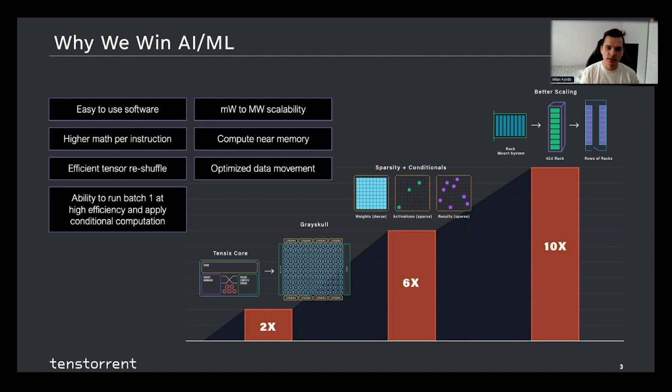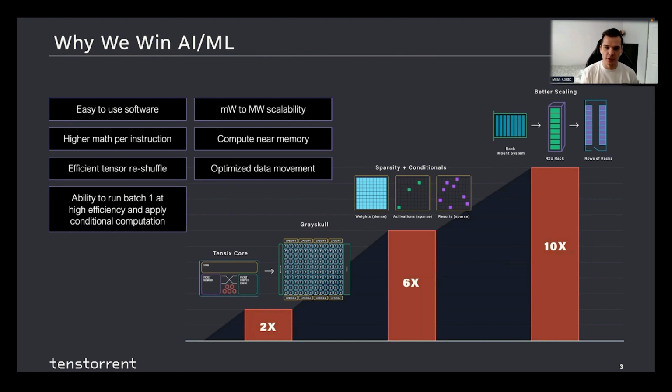Some of the details that surround that: we're able to execute higher math per instruction simply because of the software stack and the hardware architecture design. We perform efficient tensor reshuffle, where we have the ability to run batch one at high efficiency and to apply conditional computation.